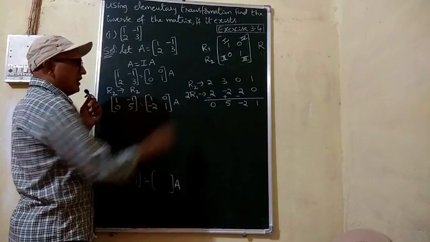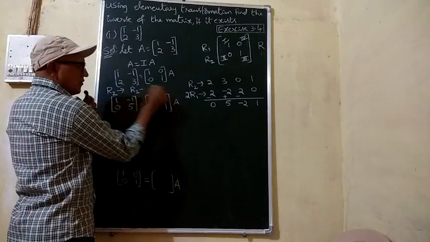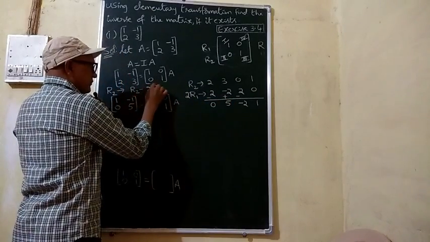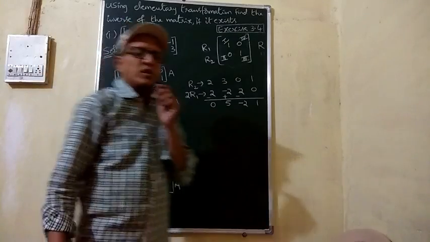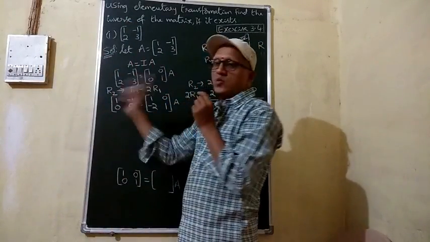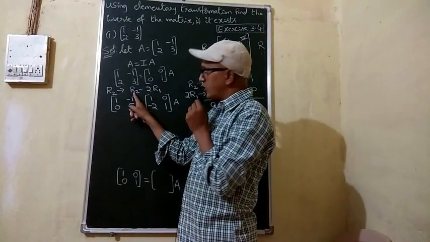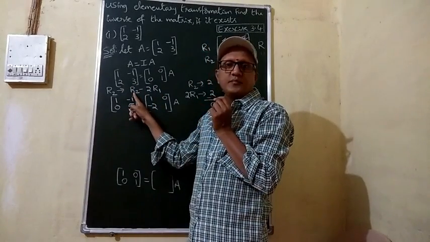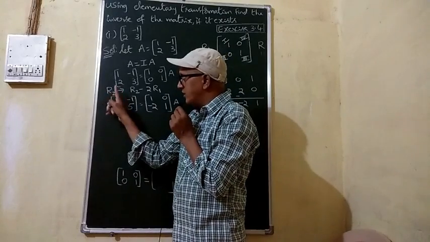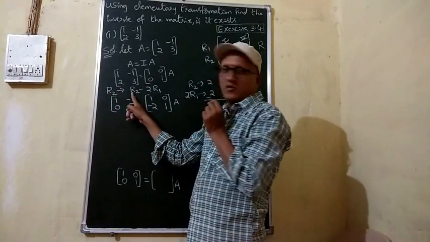What operation did we do? R2 minus 2R1. Here one important thing I have to tell you: whichever row you want to change, that you have to write first here. If you want to change R1, R1 here also R1.